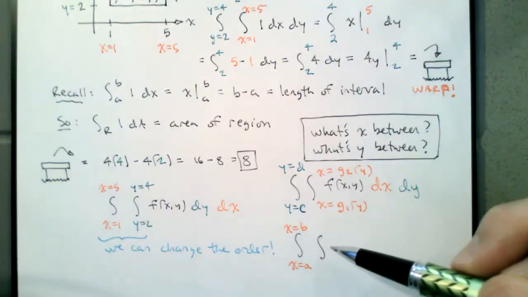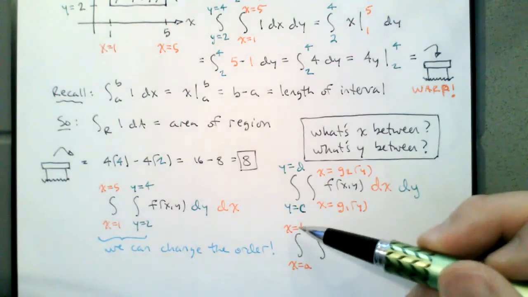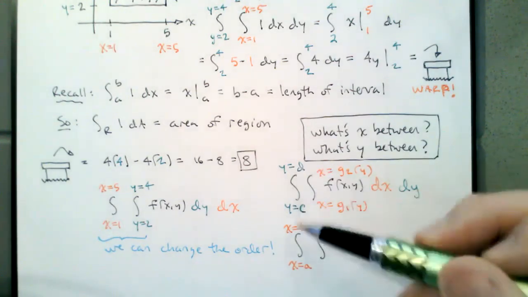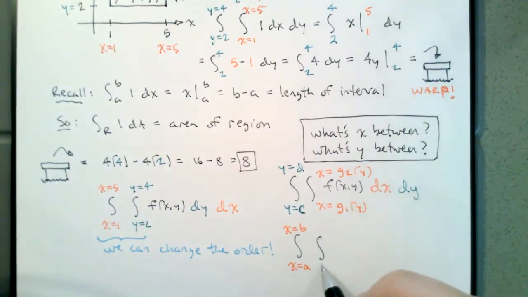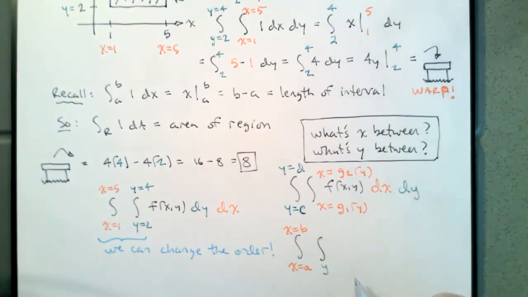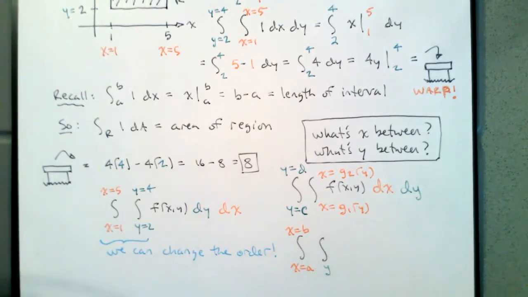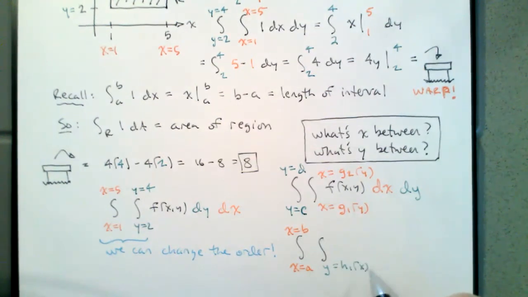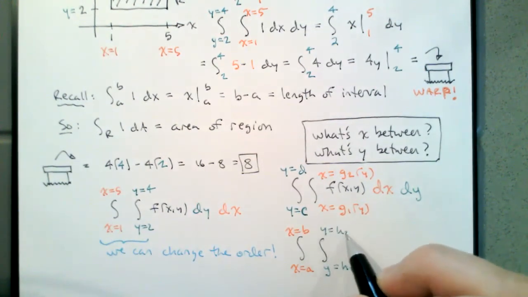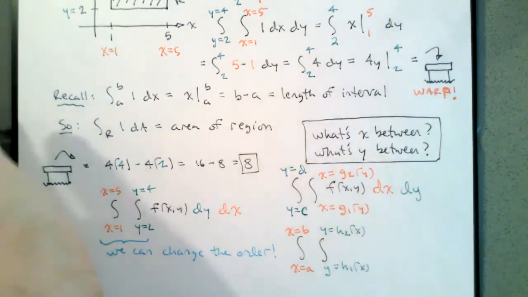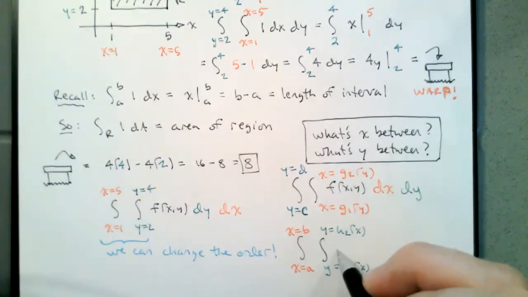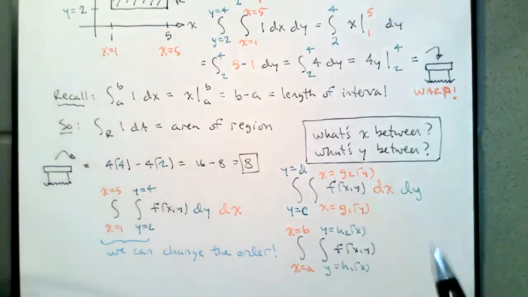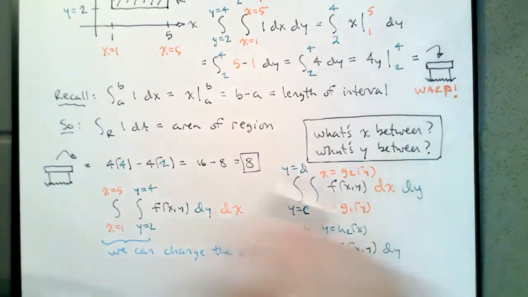In this double integral, the last interval describing the X has to be constant, just like it was constant for these Y's. But your inner interval can involve functions of upcoming variables. So here's a version dy dx.